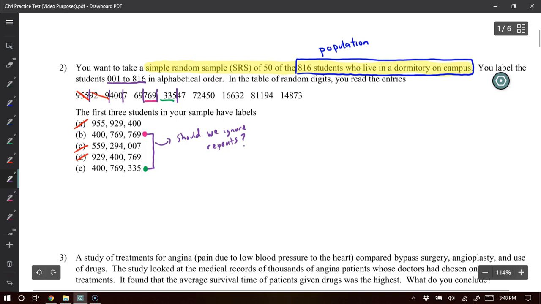In this scenario, we are trying to do a simple random sample of 50 of the students who live in the dormitory. So are we going to interview the same person again? Are we going to include the same person in that sample? And the answer is no. We want 50 unique students from that 816. We're not going to ask the same person to do the survey or interview again because we already have their information gathered. So in this case, should we ignore repeats? Yes, which means the answer is not B. The answer is E.